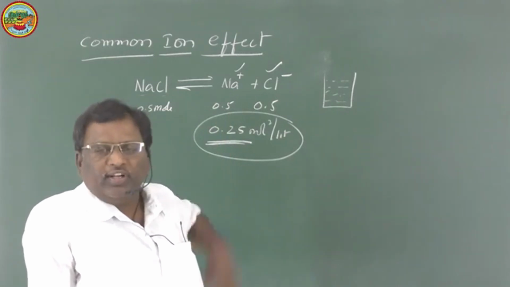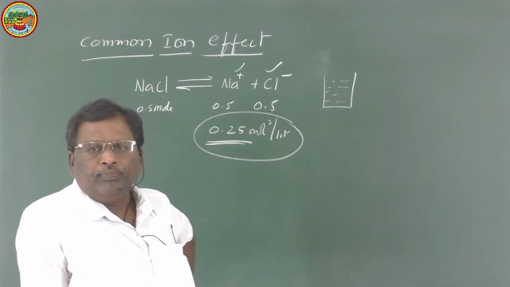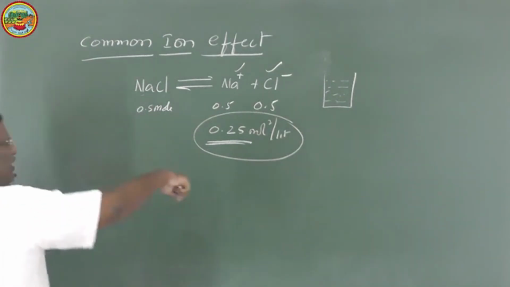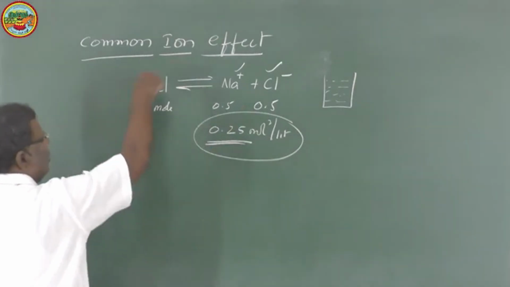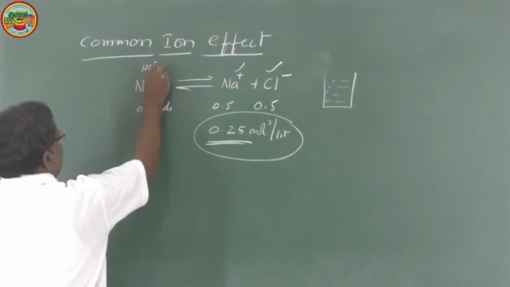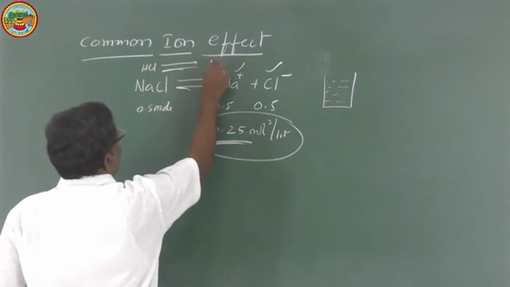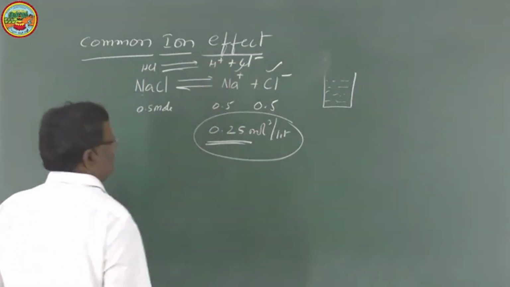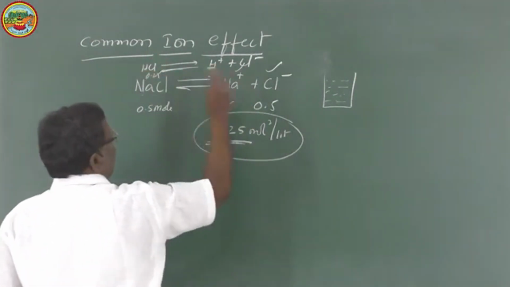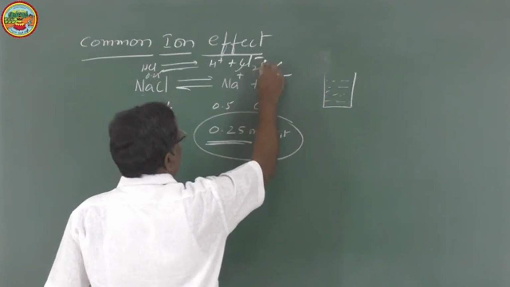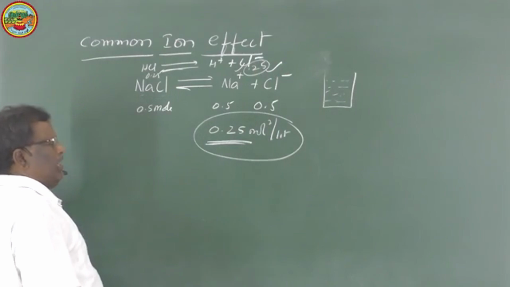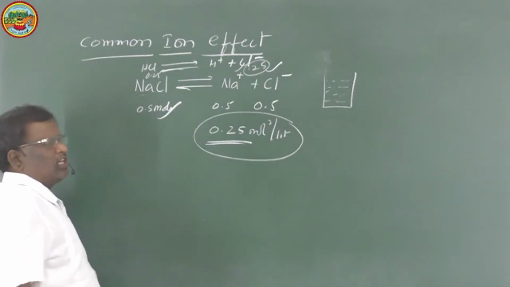Now, if you want to decrease the solubility, before adding NaCl, suppose I add 0.25 moles of HCl solution to it. What happens? This HCl dissociates to give H plus ions and Cl minus ions, so 0.25 moles of Cl minus ions are produced. Then I add 0.5 moles of NaCl.